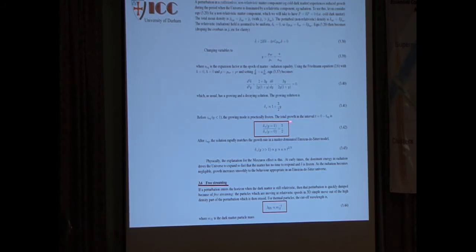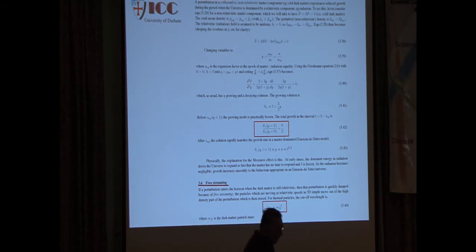It's actually very easy to show that between the time when the perturbation comes into the horizon and the moment when matter and radiation have equal energy density, these fluctuations only grow by a factor of 5/2. So it's very easy to show.